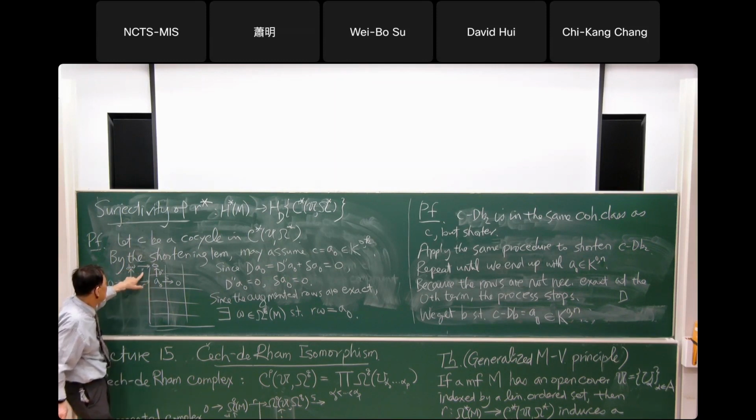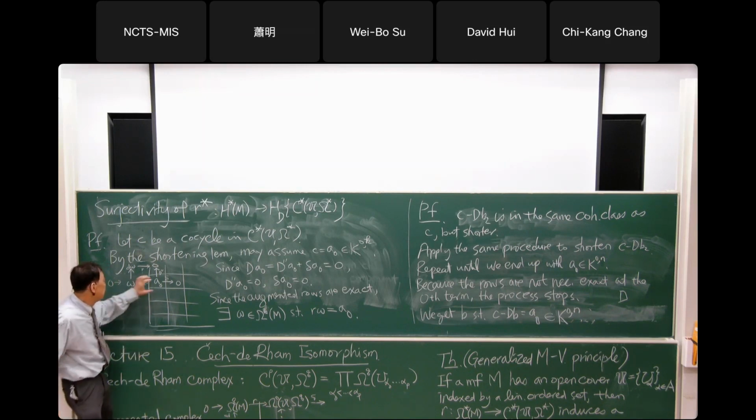But what do you know about this map R? The restriction map. It's a restriction of a form to the open sets of the open cover.